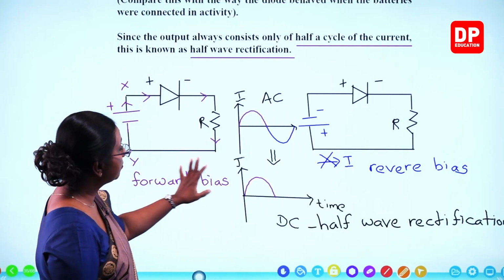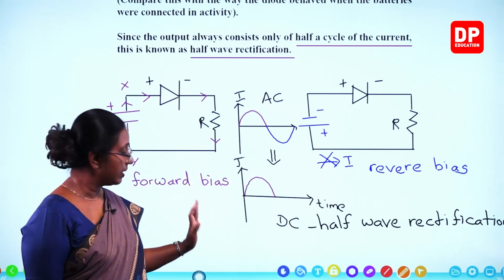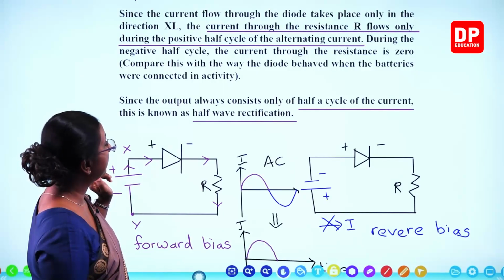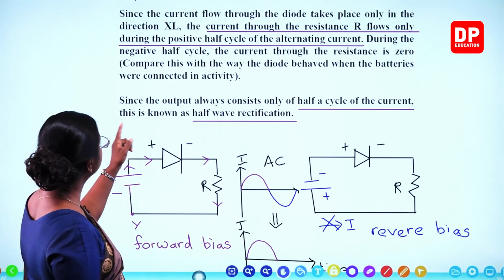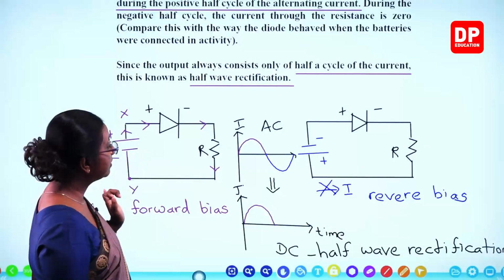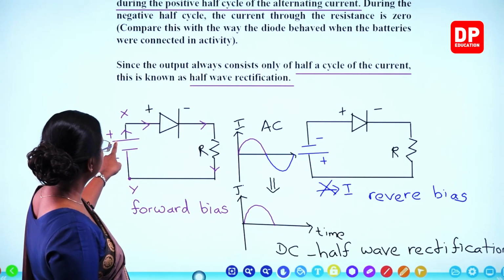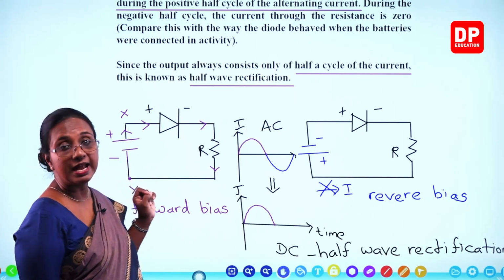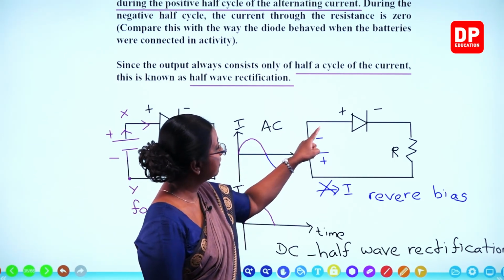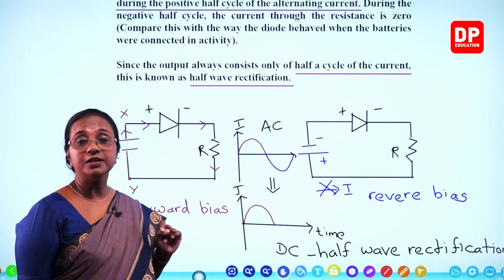So this is how you compare it with the forward and reverse biasing. Here you can see, compare this with the way the diode behaved when the batteries were connected in the activity. So this is how we connected the batteries. First we connected the positive terminal with the anode of the diode. Then we connected the negative terminal with the anode of the diode.